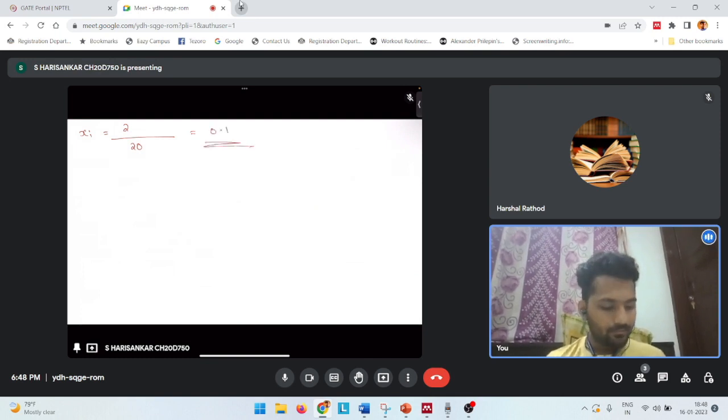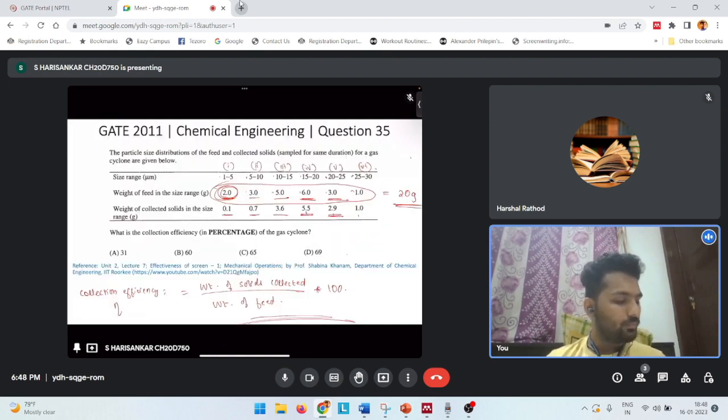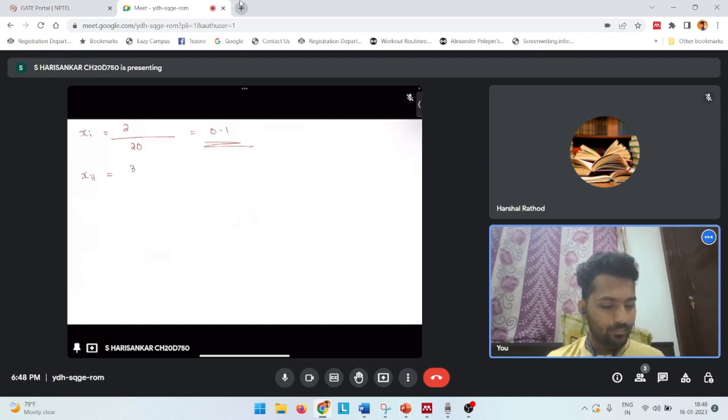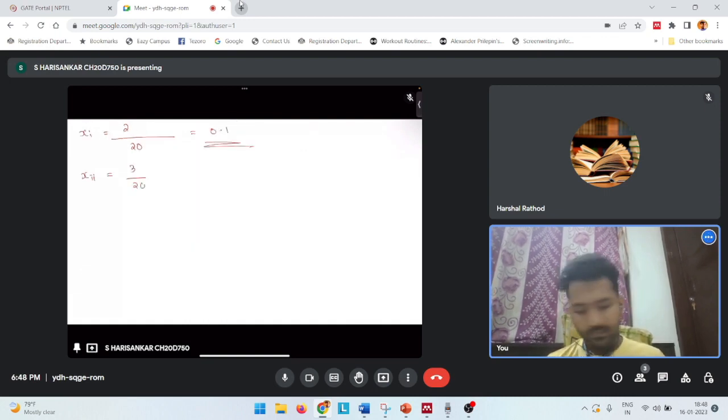Similarly, we can find the mass fractions of these particles in the different size ranges. So x2 will be 3 by 20, that will be 0.15. X3 will be 5 divided by 20, and that will be 0.25.